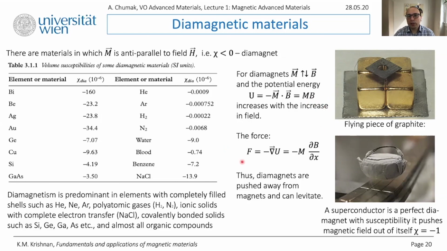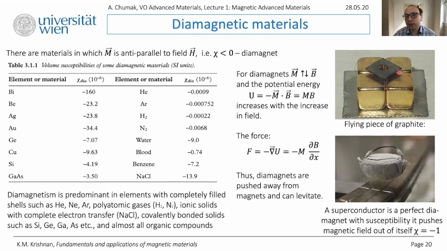Or, if you want, you can find the force as a gradient of this potential energy. If you consider only one direction, you get such a formula. And in this concrete configuration, you will get a balance between the gravitational force mg, which tries to pull your piece of graphite down, and the force created by the magnet, which is pulling it up.